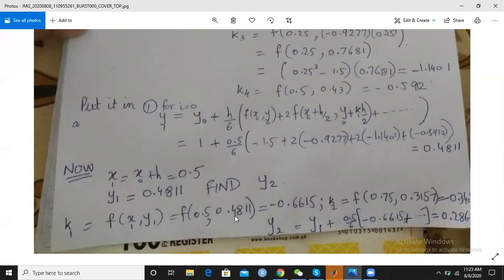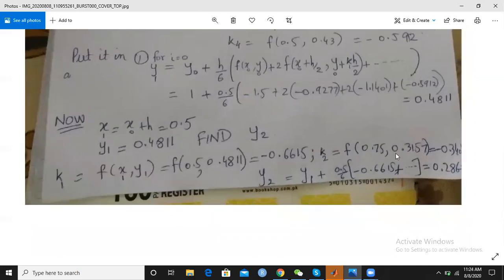You will use it in the next iteration for K1. Now the new K1, minus 0.6615, use it to find the new K2. How will you use it? You will say minus 0.6615 times h by 2. H by 2 is 0.25. Multiply this value with 0.25 and substitute it here and so on.